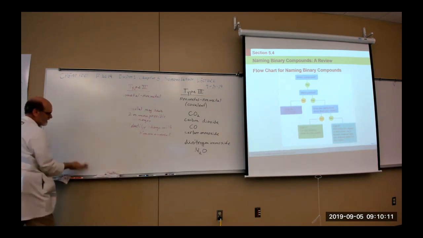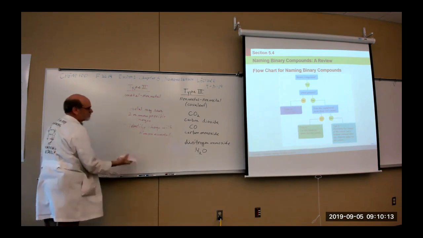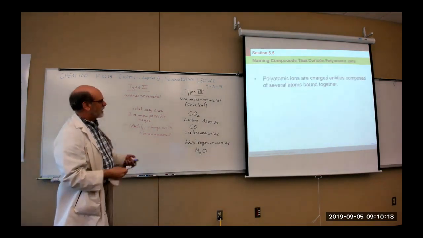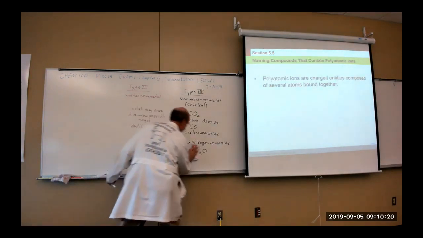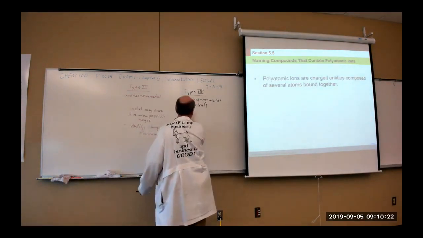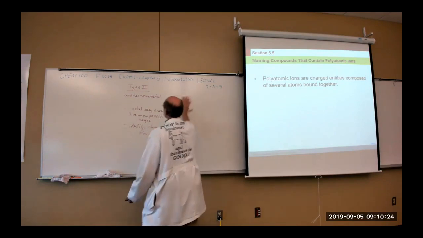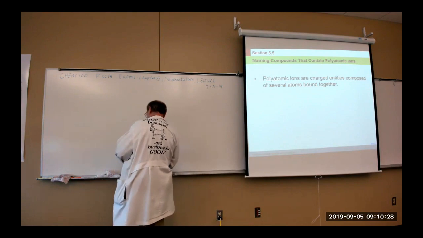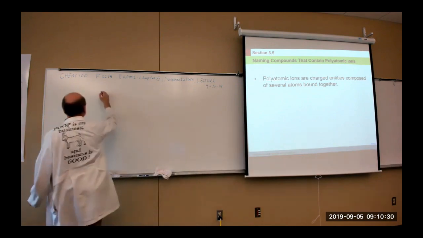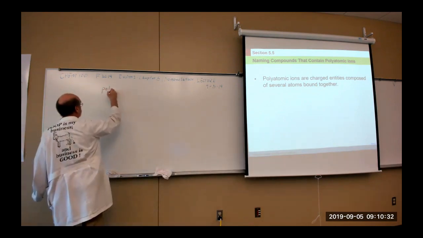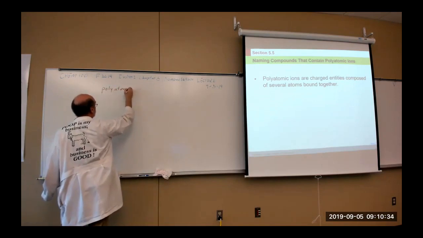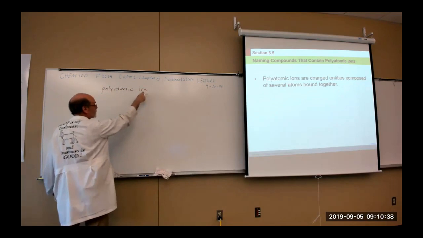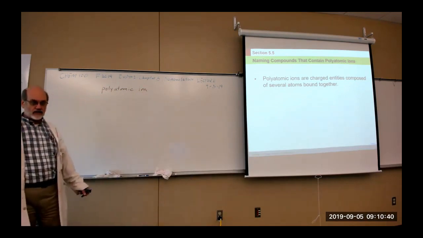Okay, that takes care of the naming conventions, I think. Now we'll go to polyatomic ions. What is a polyatomic ion? Well, first of all, it's an ion, it has a charge.